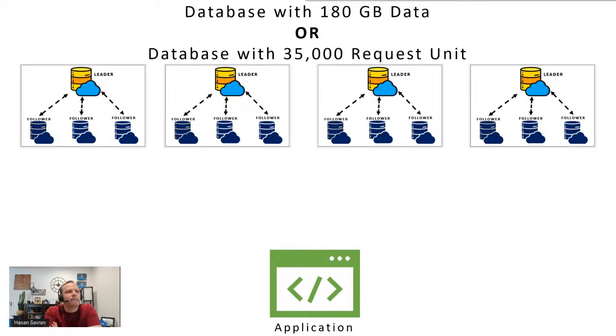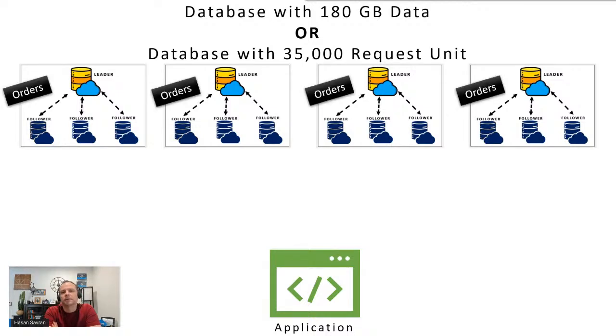Now, let's say we are saving orders, right? We are getting all kinds of orders, and we are saving them in this container. Now, we have the application, and the application tries to get some orders. You're going to run a query. Maybe you're going to say, okay, give me the orders in this country, right?